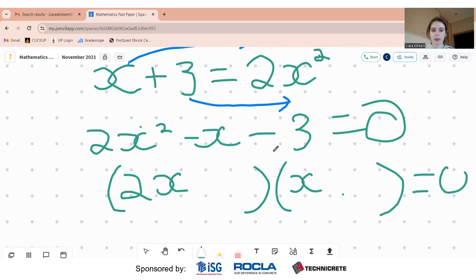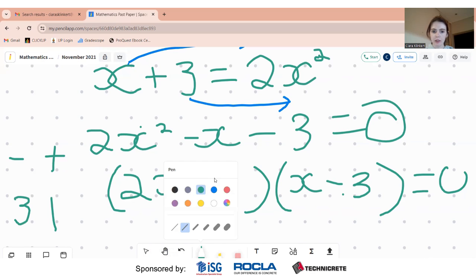In one of my brackets, because I've got -3 over there, I need to have minus in one of the brackets and plus in another one of the brackets. I also know that the factors of 3 are 3 and 1. So I now go through a process of trial and error. I could have -3 here and +1 over here.